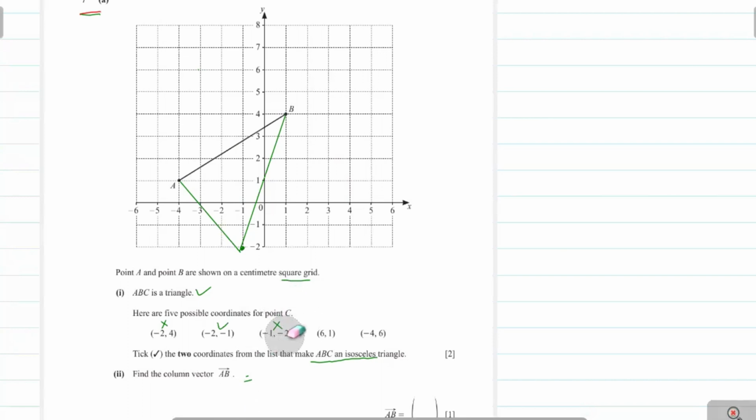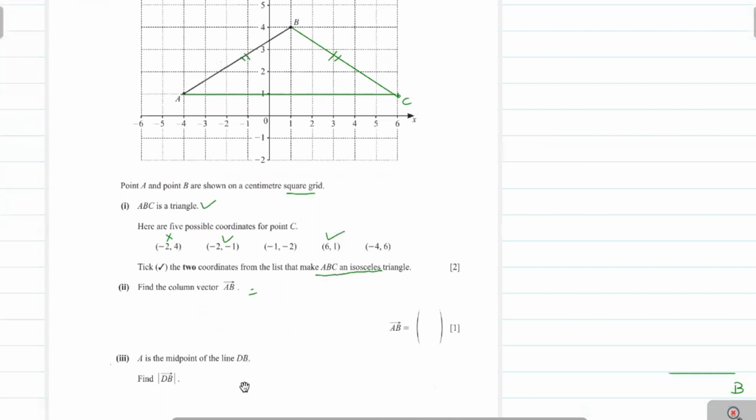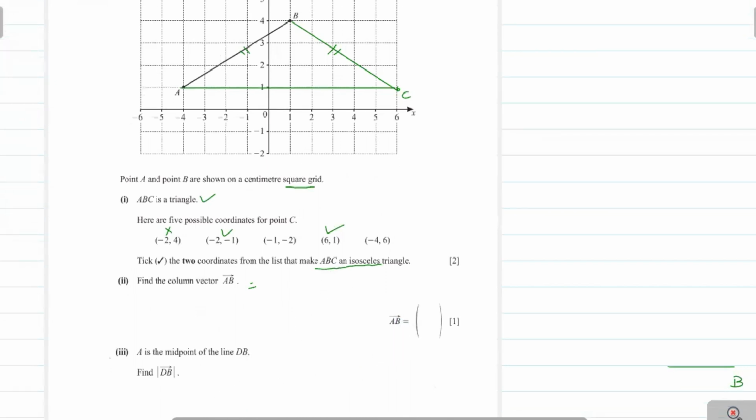We mark this point, this is the position of (6, 1), and we draw these lines and join C to B. You can see this triangle is also an isosceles triangle because BC and AB lengths are equal. We have to take two coordinates. Therefore, these two coordinates, (-2, -1) and (6, 1), are the answer.